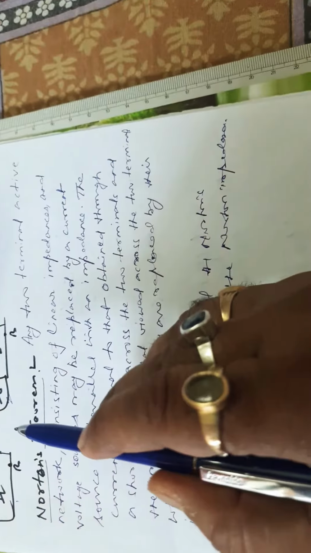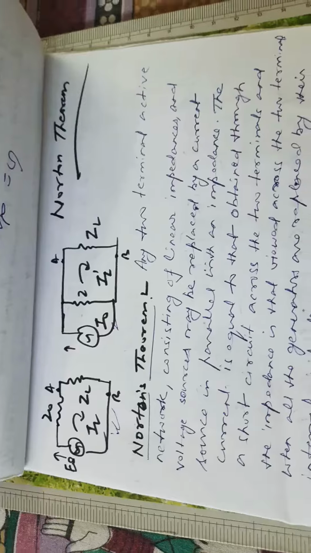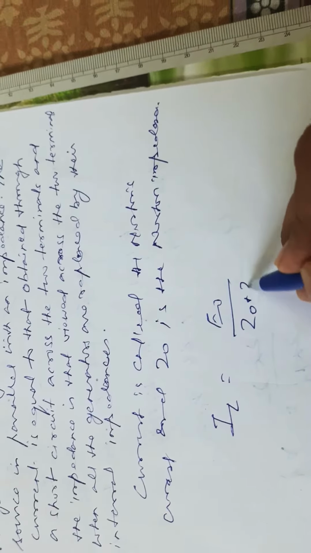Now the current flowing in this network is given by IL is equal to E naught divided by Z naught plus ZL. That's very simple.